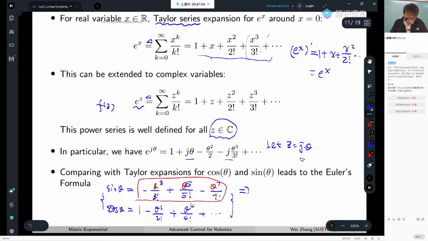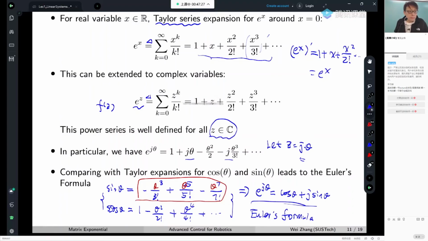So that's why you have e to the j theta equal to cosine theta plus j times sine theta. And this is called what? Euler's formula.